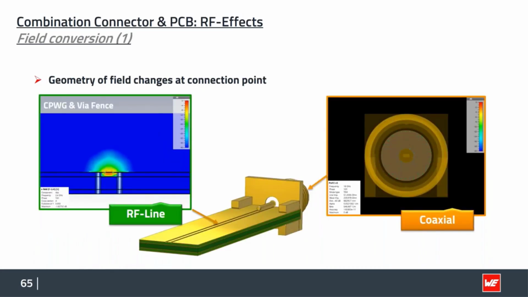That's how the field spreads in the coaxial connector, and that's the field spread on the PCB side with the coplanar waveguide. So we are trying to match circular to rectangular and different materials: here we have the PTFE and here we have the FR4. So this is really a challenge.